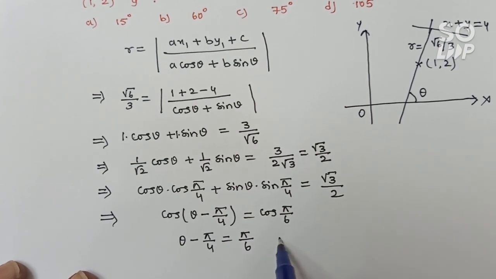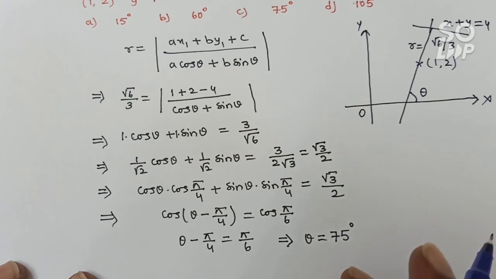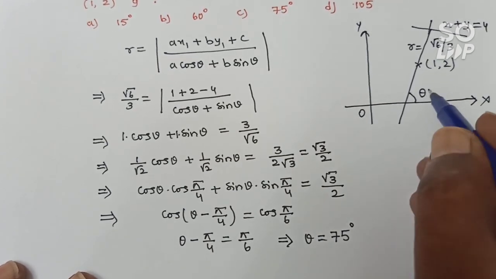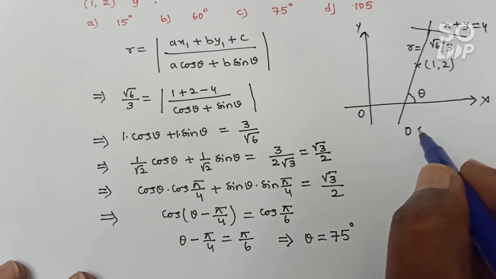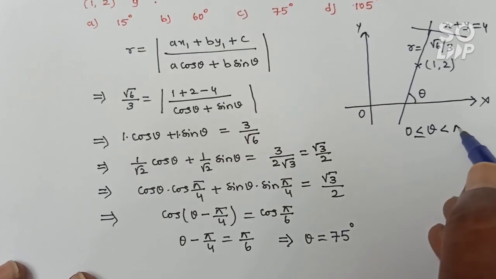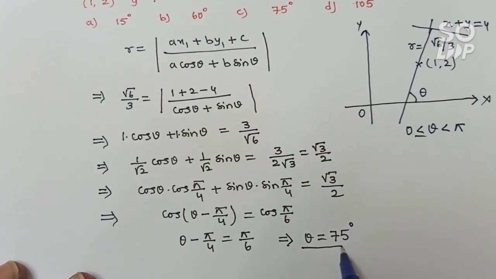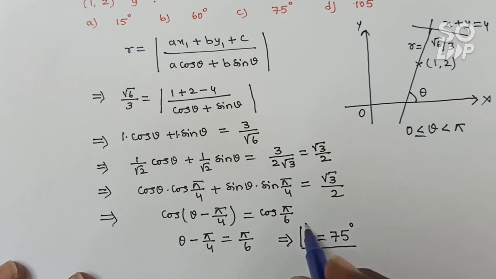By solving this, theta is equal to 75. Some other angles will also be obtained, but those exceed 180, and the angle should lie only between 0 and 180 degrees. Below 180, you get the largest angle as 75 degrees.